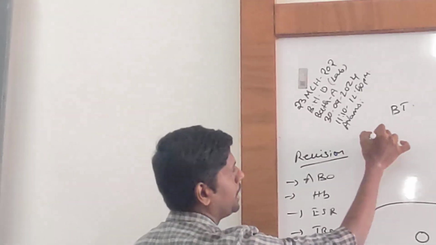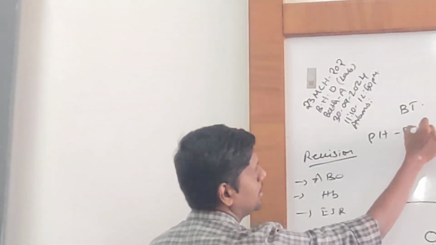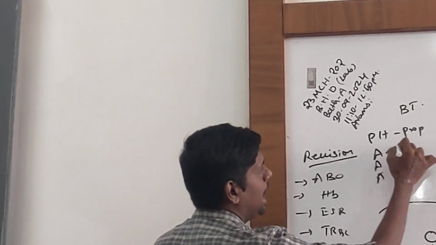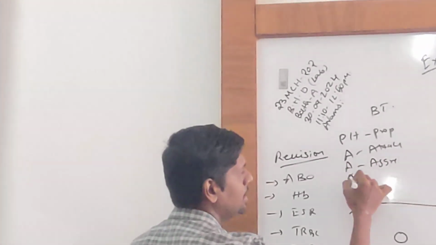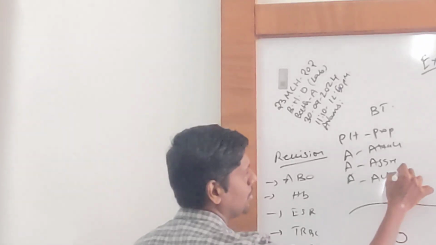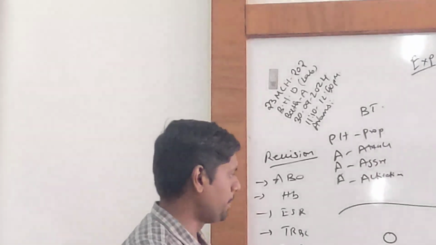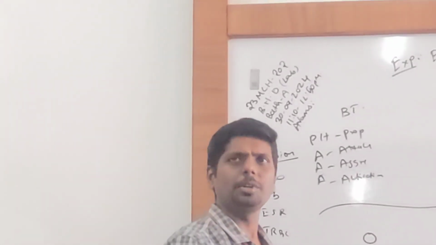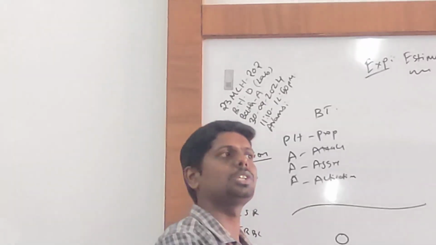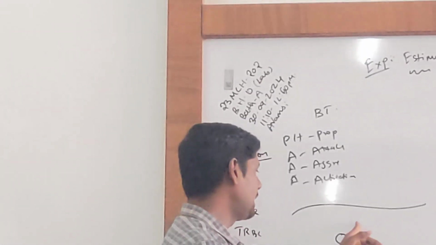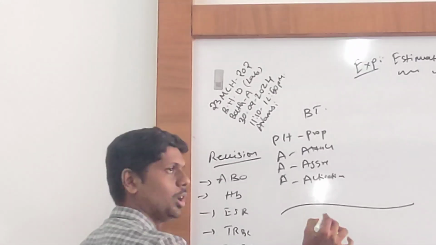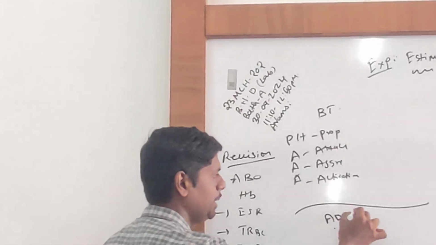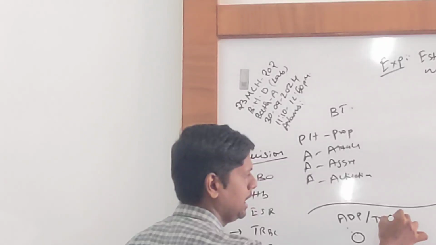What are the platelet properties? Attachment, then aggregation and activation. Now, the platelet is attached, and there is a receptor, if you remember. The receptor is GP1B. After attachment, this platelet will release two chemicals: ADP and thromboxane A2.